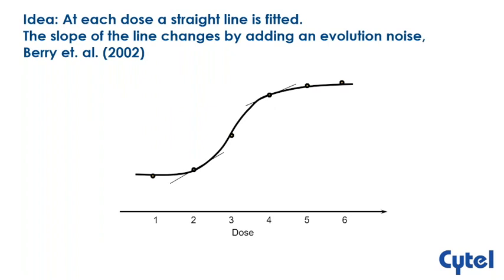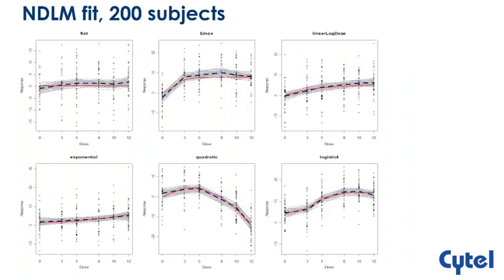It kind of functions like fitting a slope at each point on the dose response curve. And this slide shows how the model works for samples of 200 subjects spread across 6 doses, 5 doses in placebo.